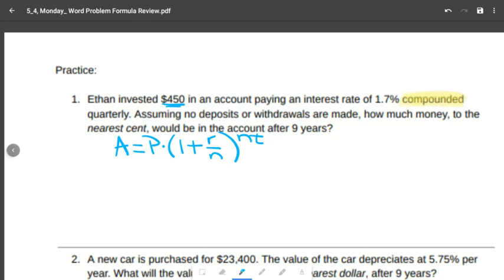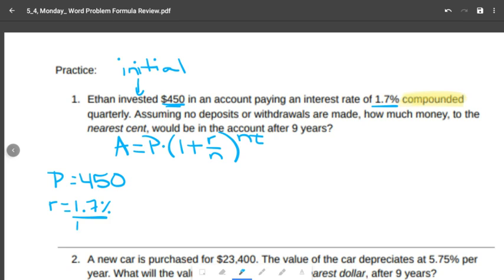So it says Ethan is investing $450. Investing, that means it is your initial amount, so P is $450. Our interest rate, r, is 1.7%, and remember, we're going to divide by 100 to move the decimal place over twice, so we're going to use 0.017.